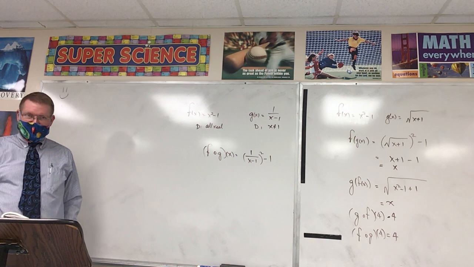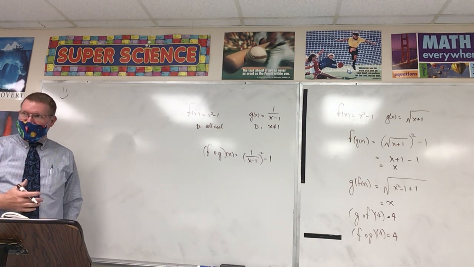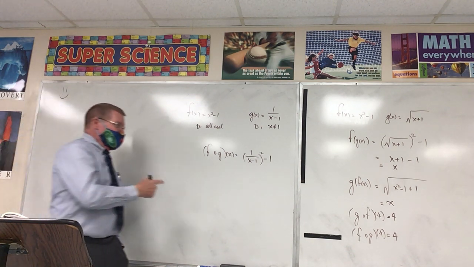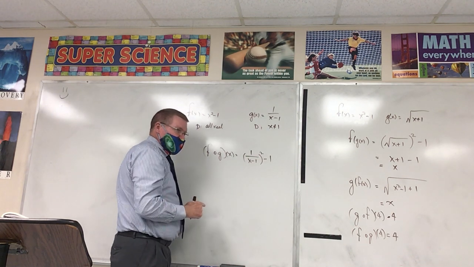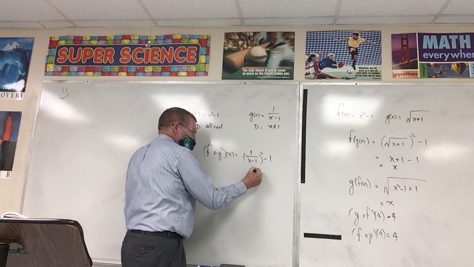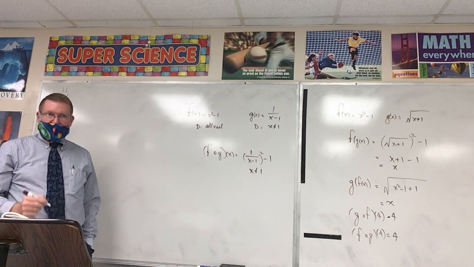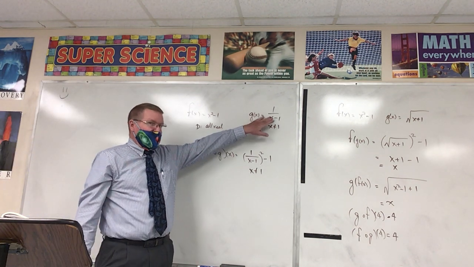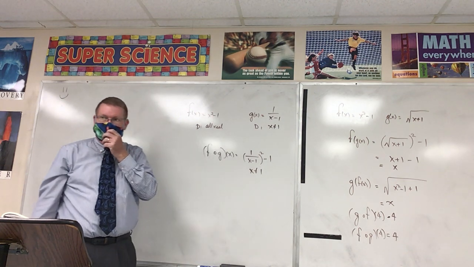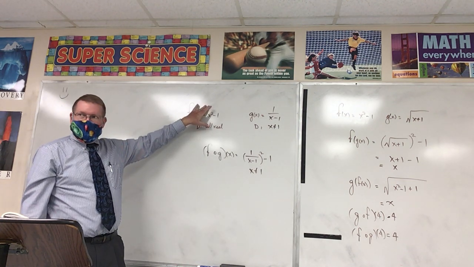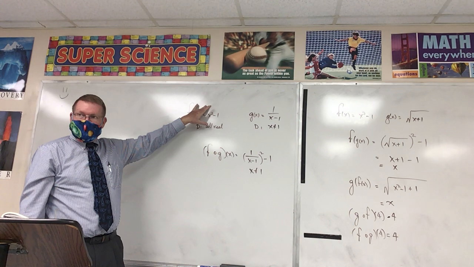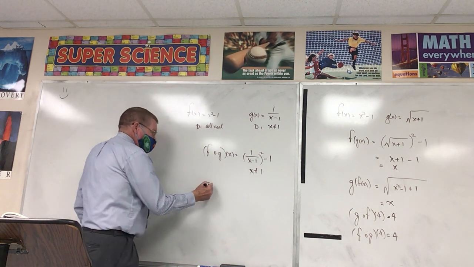Yes. So it fits. Therefore the domain of the whole function is just x does not equal 1, because if I put any number but 1 in here, I'm going to get a real number. And this one can use any real numbers.